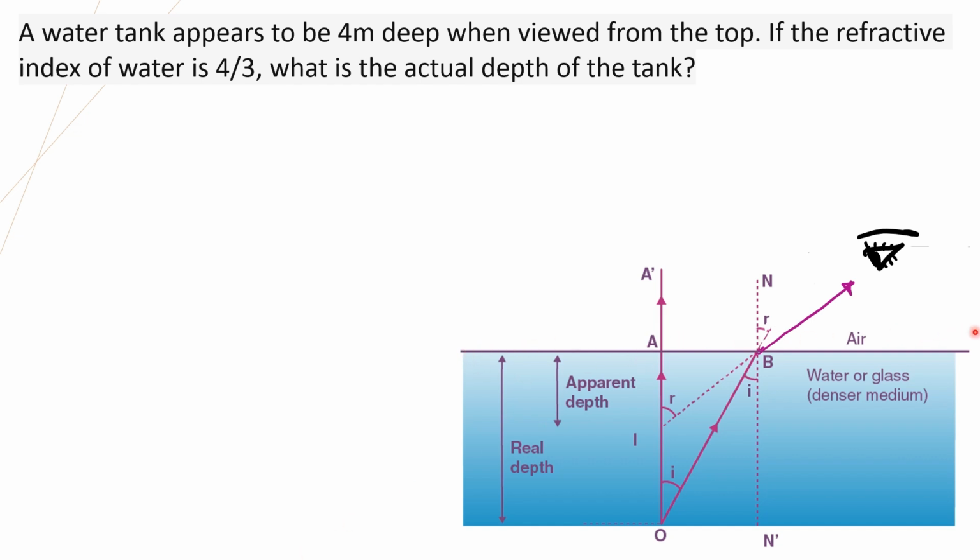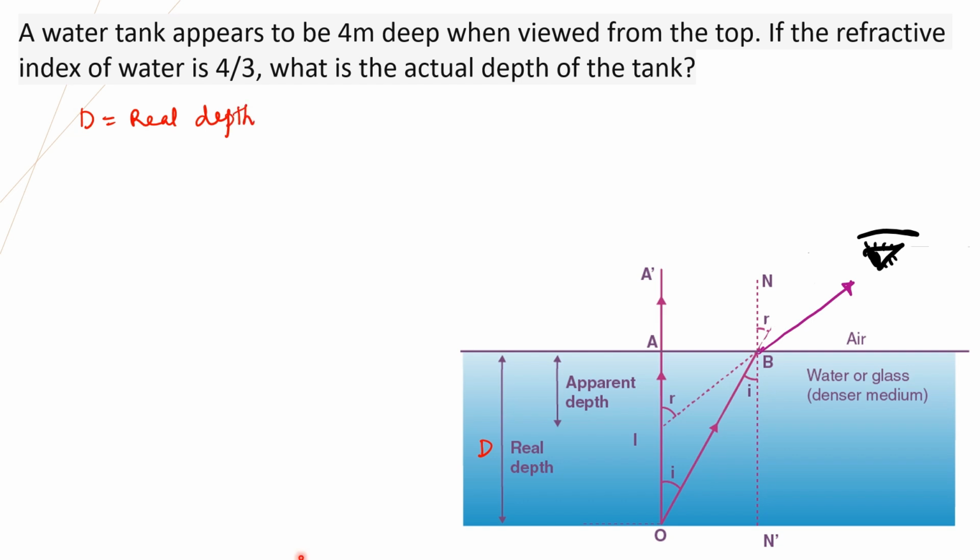And this O is a point on the bottom, and the distance from the surface to the bottom is the real depth. Let us write real depth as capital D. This is the real depth.